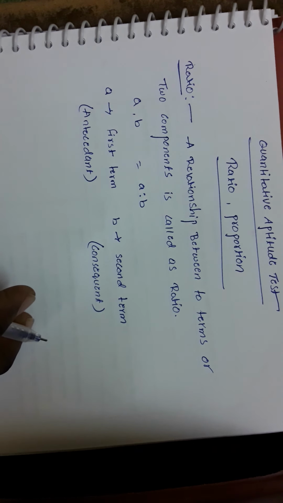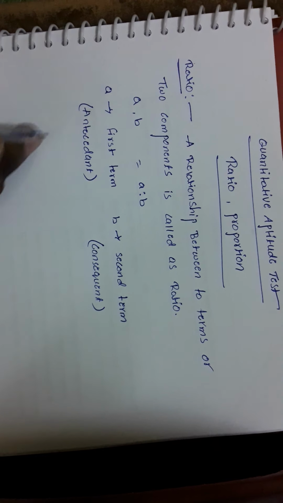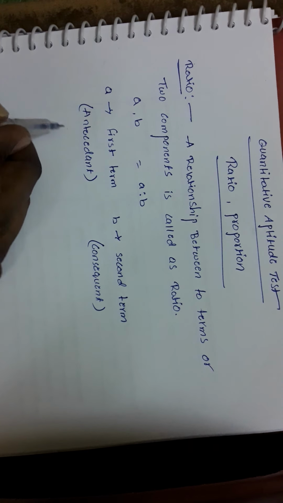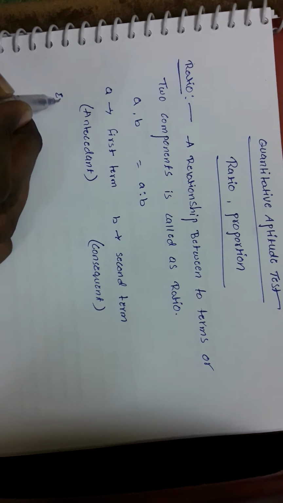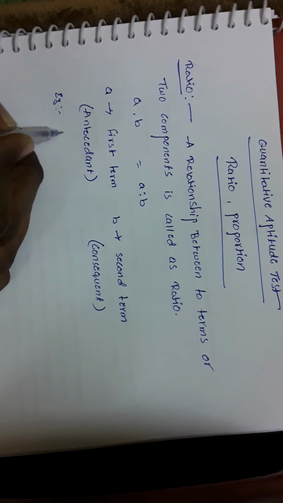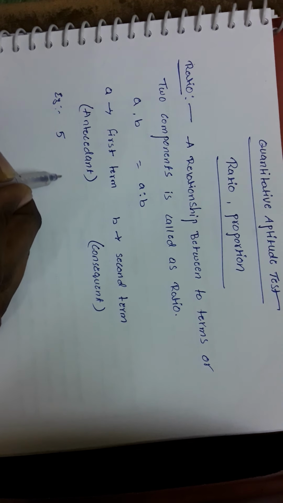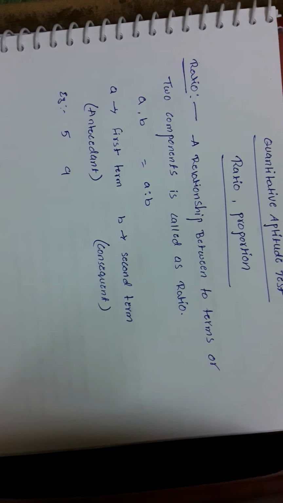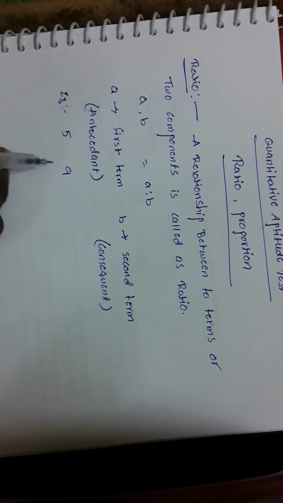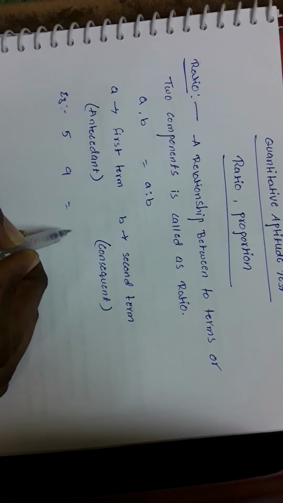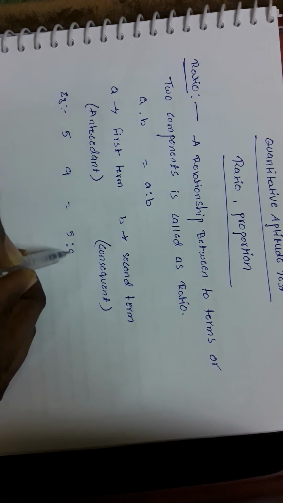For example, the first term is 5 and the second term is 9. Now we convert these two numbers into a ratio, that is 5 is to 9.